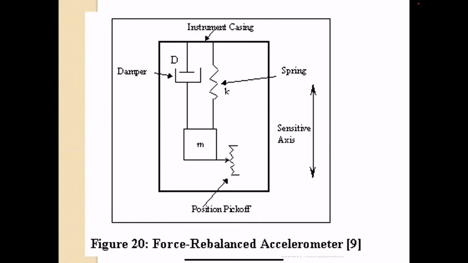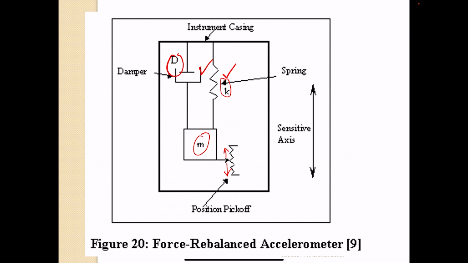Next is the force rebalance accelerometer. The force rebalance accelerometer uses a mass that is connected to a spring and damper. When an acceleration is applied, the mass is also displaced. By measuring the displacement of the mass and the values of K and D, we will be able to calculate the acceleration.